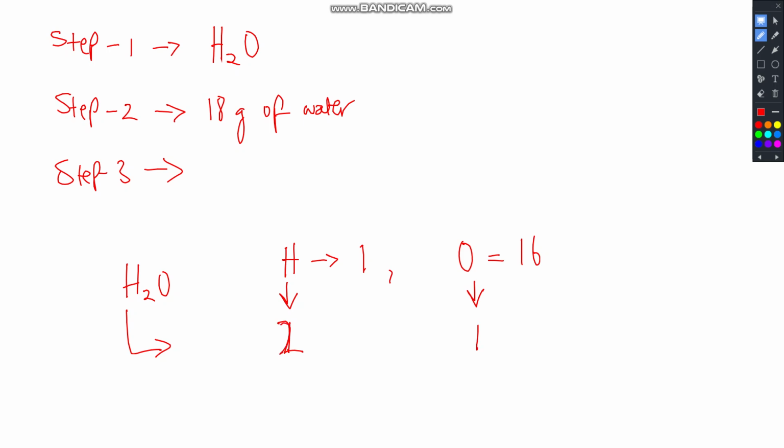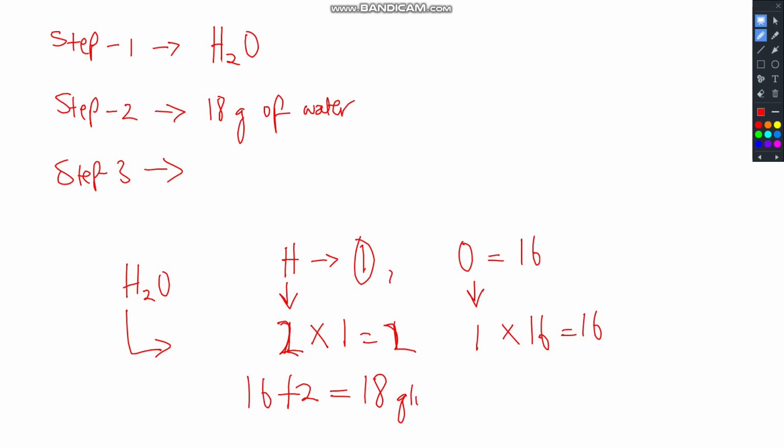So this becomes 2 multiplied by 1, which is the atomic mass of hydrogen, plus 1 times 16 for oxygen. Altogether, it becomes 2 plus 16, which is 18 grams per mole. This is the molar mass of water.